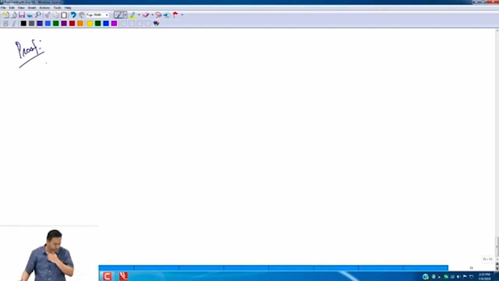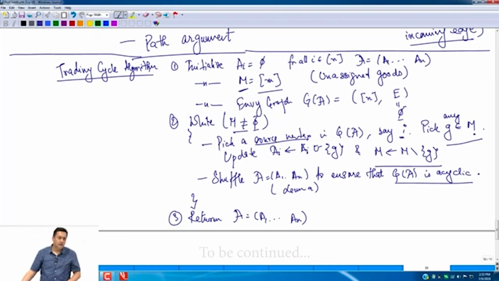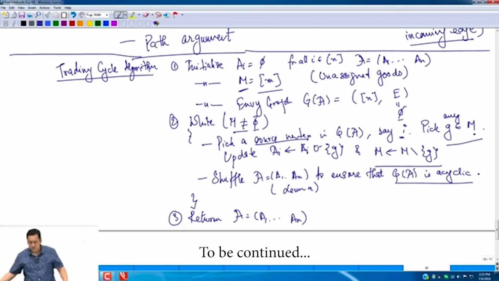What is this a proof of? It's a proof that this trading cycle algorithm is actually going to find an EF1 allocation, and I've already argued that this runs in polytime. If there's a question about how the algorithm works, it's a good place to ask. Otherwise, we'll see the argument for a final time.